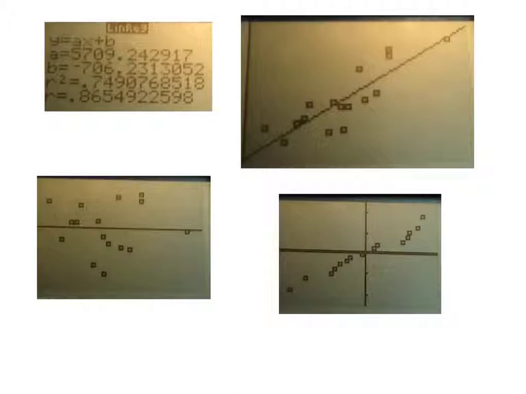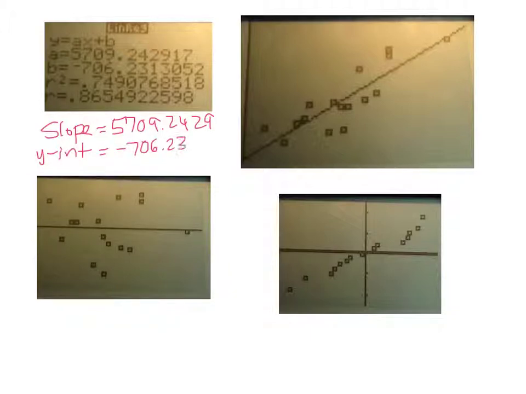So the slope that we're looking at is actually going to be the 5709.2429 number, and the y-intercept is actually going to be the negative 706.2313. So if you used the wrong linear regression, you have the same numbers I have. If you use the correct ones, you have the ones that are written in red.